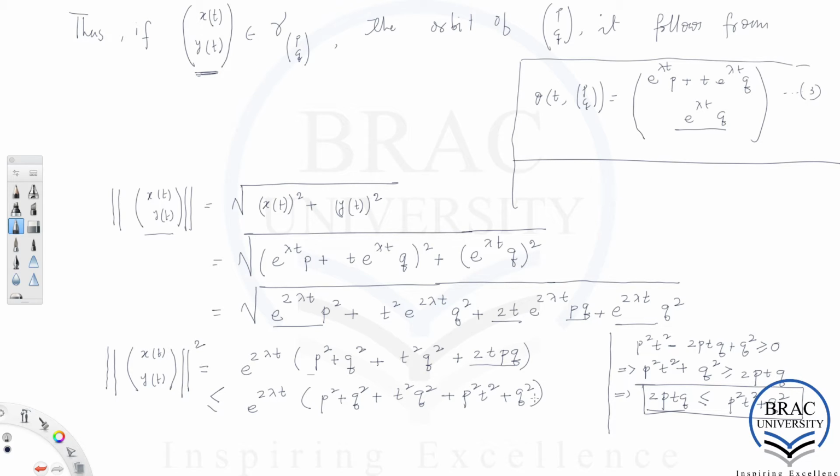Now this is equal to e to the 2 lambda t times p squared plus t squared q squared, then I write p squared t squared, and then I add these two q squares up to have 2q squared.